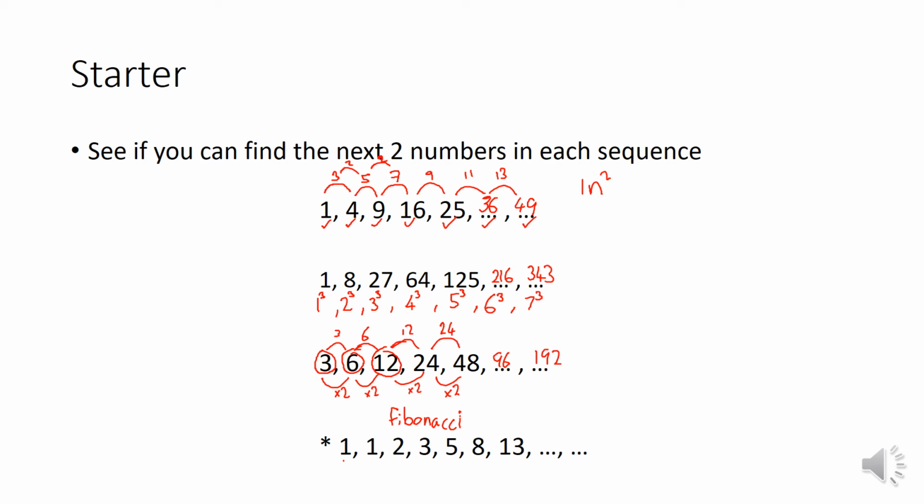I've got 1 and 1, they're just our starting terms, but then to get the next one, we add up 1 and 1, which gives us 2. 1 add 2 gives us 3. 2 add 3 gives us 5. 3 add 5 gives us 8. 5 plus 8 gives us 13. So now to work out our missing ones, we do 8 plus 13, which gives us 21, and then 13 plus 21, which is 34.